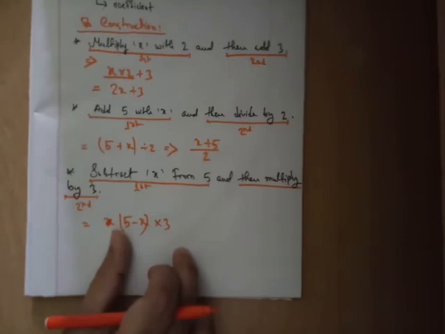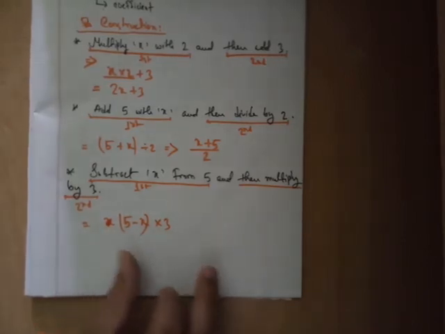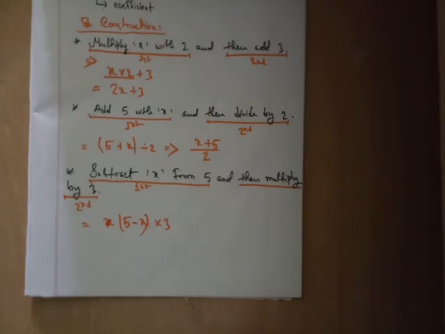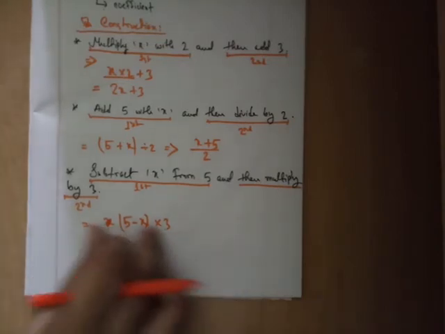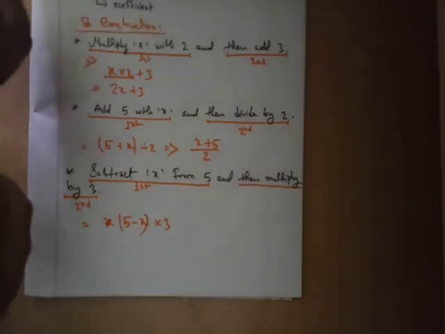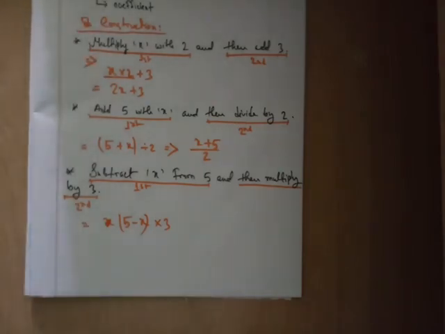So always do that, because the order of operation teaches us that first of all brackets, multiplication, division, addition, and at the last subtraction. Okay, just want to finish it off with the last example.